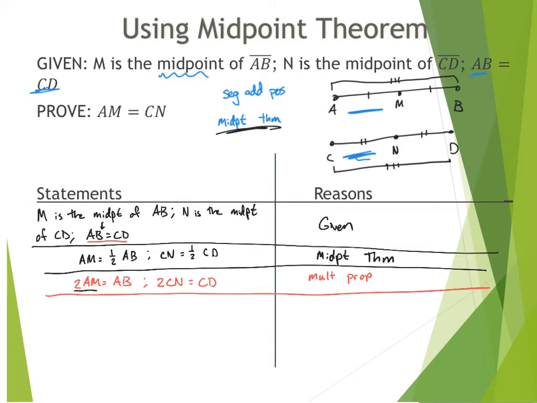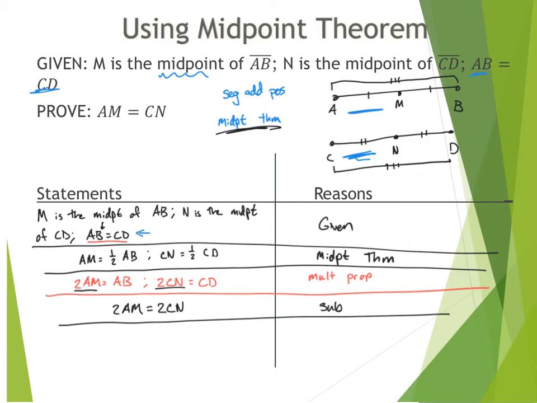So instead of writing AB equals CD, I can set the two equations equal to each other. So I have 2 AM is equal to 2 CN. And this is substitution, because technically I'm still substituting it back in to this equation up here. Right.